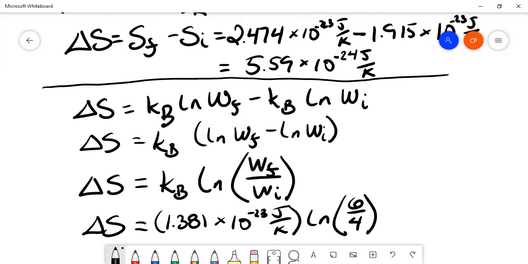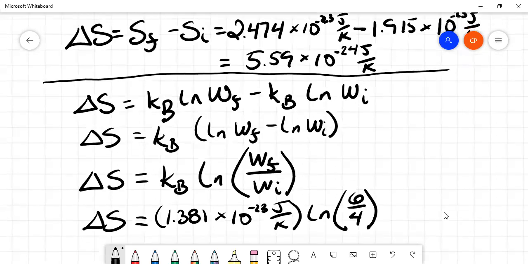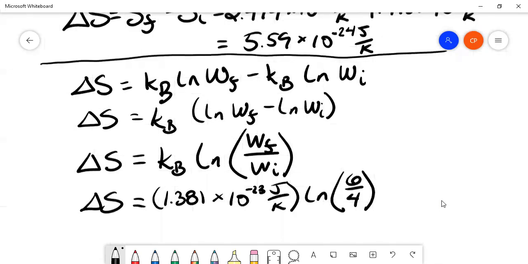Oh yeah, 6 divided by 4 is 1.5. And let me take the natural log of 1.5. And oh, that's 0.4055. And let me multiply that by Boltzmann's constant, 1.381 E minus 23. And that gets me, out to 4 significant figures, the exact same thing.